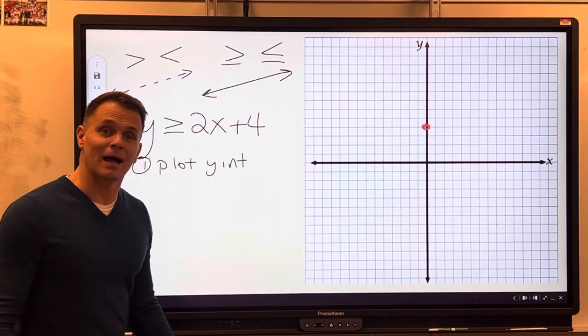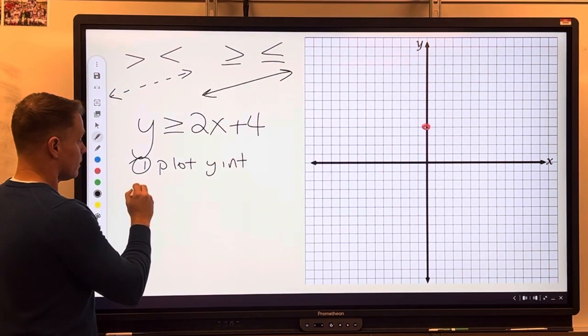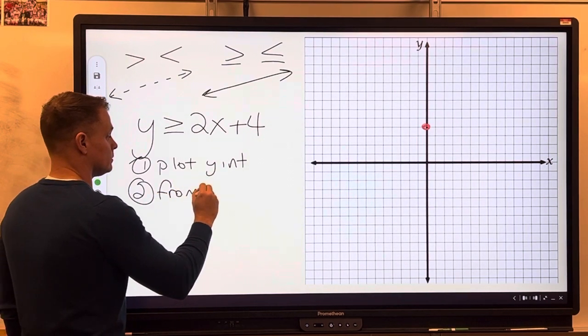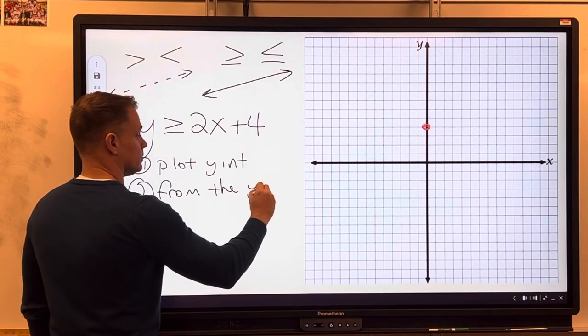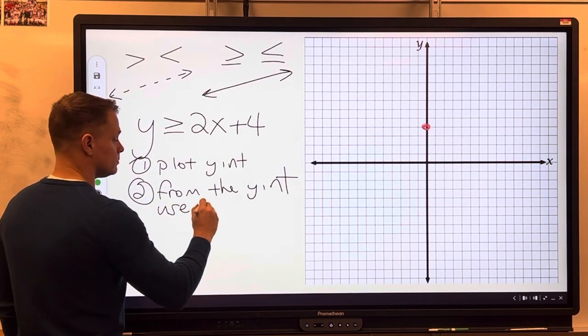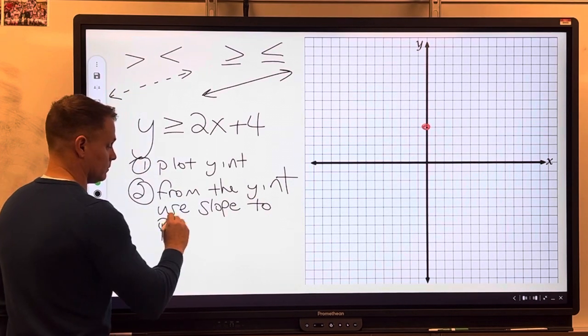The second thing that I'm going to do is, from the y-intercept, I'm going to use the slope to plot the next point.